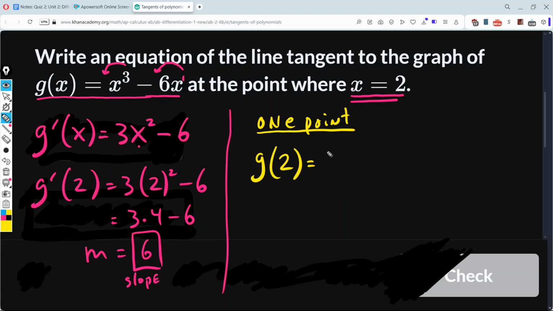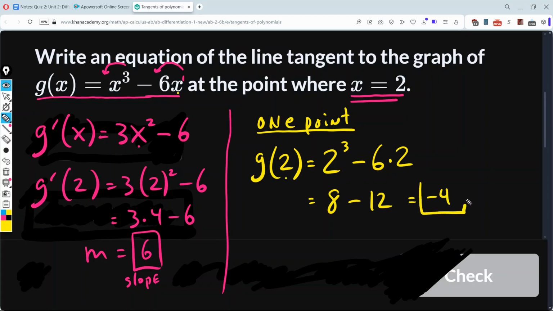That's going to be 2 to the third, subbing in 2 in place of x, minus 6 times 2. 2 to the third is 8. 6 times 2 is 12. 8 minus 12 gives us negative 4. So x equals 2 and y equals negative 4. The point is 2 comma negative 4.